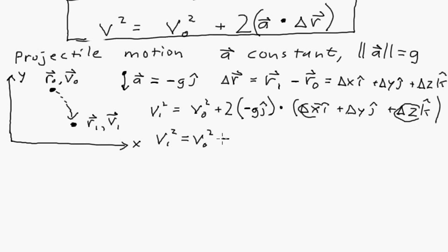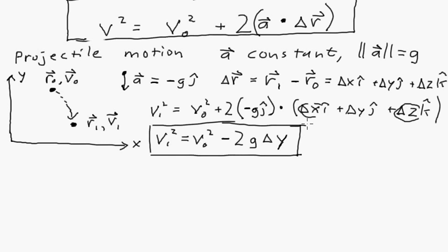So the result there is negative 2 g delta y. And this is for projectile motion, motion with positive y going up.